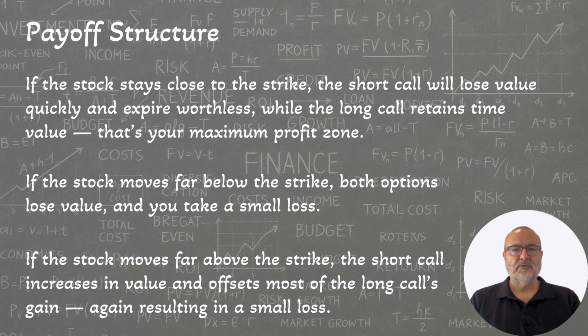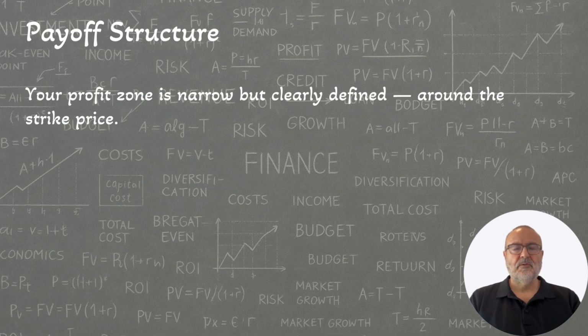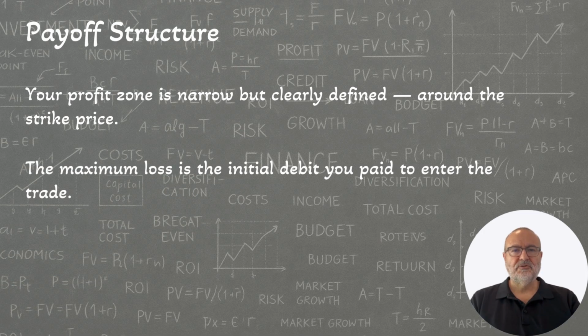If the stock moves far above the strike, the short call increases in value and offsets most of the long call's gain, again resulting in a small loss. Your profit zone is narrow but clearly defined around the strike price. The maximum loss is the initial debit you paid to enter the trade.